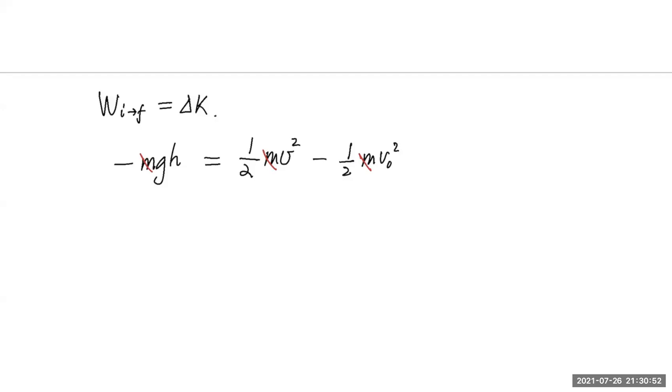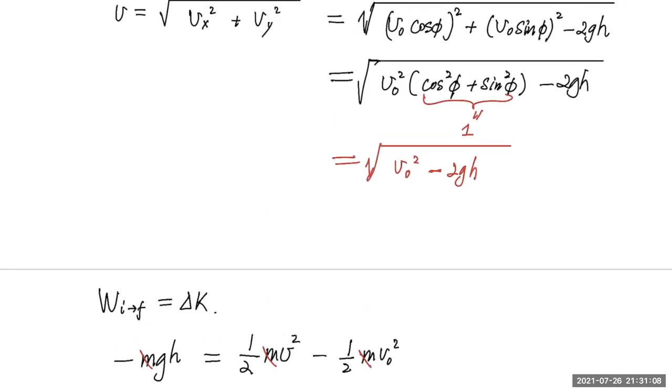And we get v equal to the square root of v naught squared minus 2gh. Wow, look at this. It's the same answer as that.